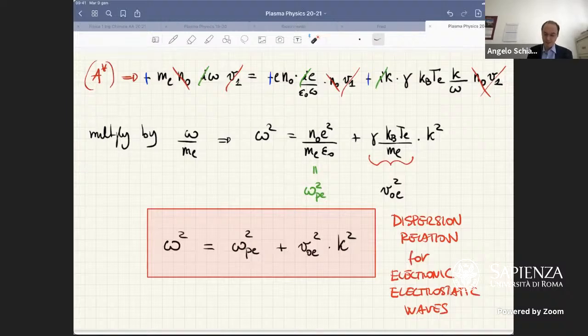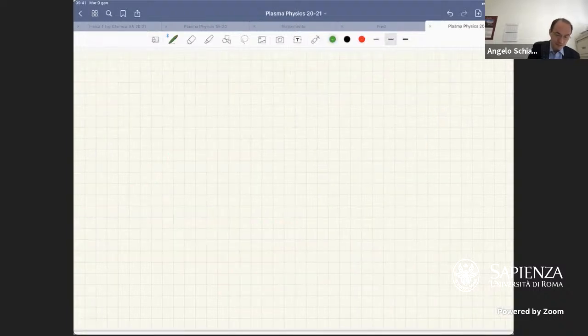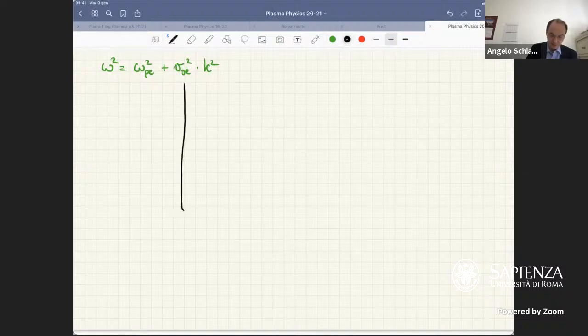We can represent this as, let's write it here again briefly. Omega squared equals omega plasma squared plus V0 squared of electrons times k squared. And in our plot, where we have omega as a function of k, we can represent this dispersion relation.